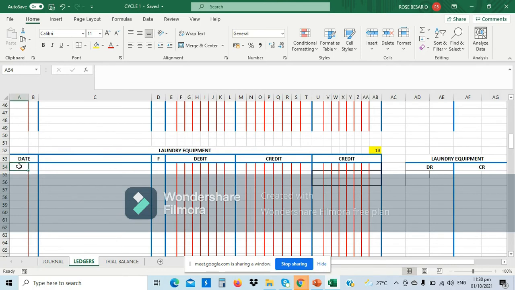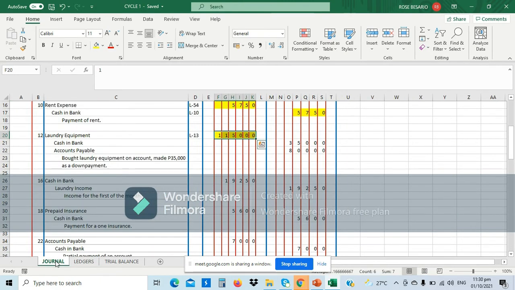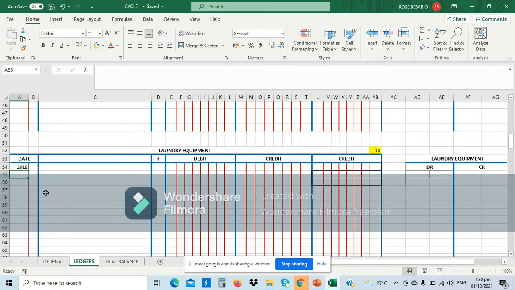So in your laundry equipment, we have 2018, date, May 12. Then this is coming from journal page 1, 115,000. Then extend 115,000. Okay, and then also post it to your T account. So this is May 12, 115,000.